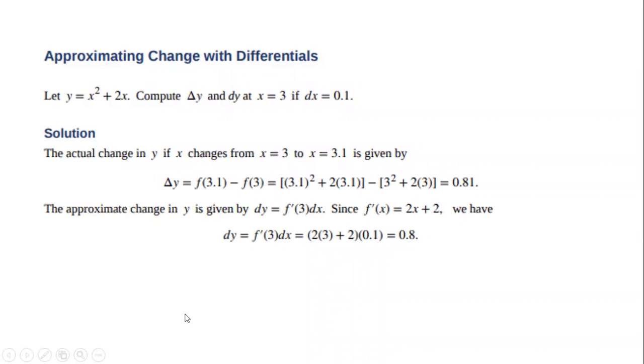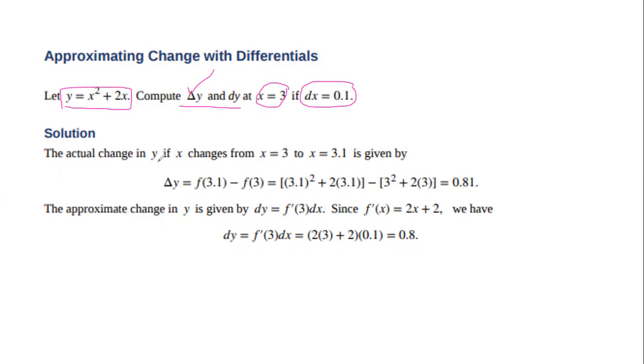The next is approximating change with differentiation. So how to approximate it? Say that I have y equals x square plus 2x, and I have to compute delta y and dy at x equals 3 if dx equals 0.1.